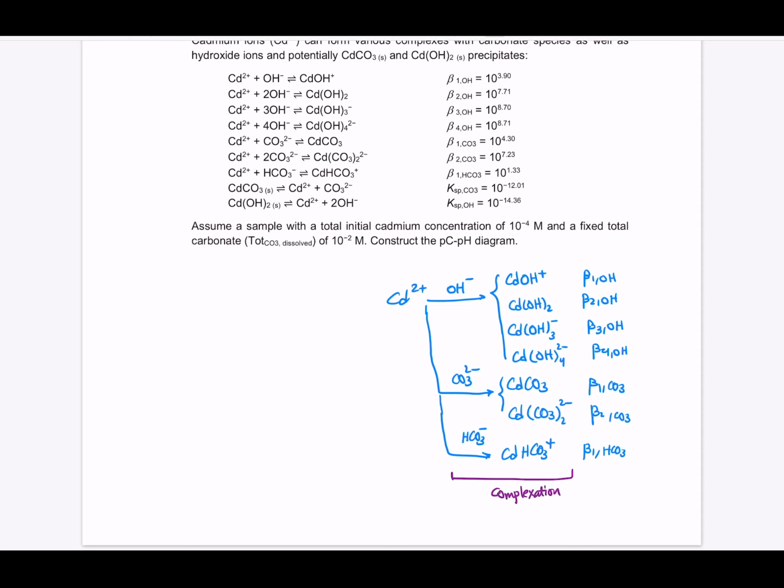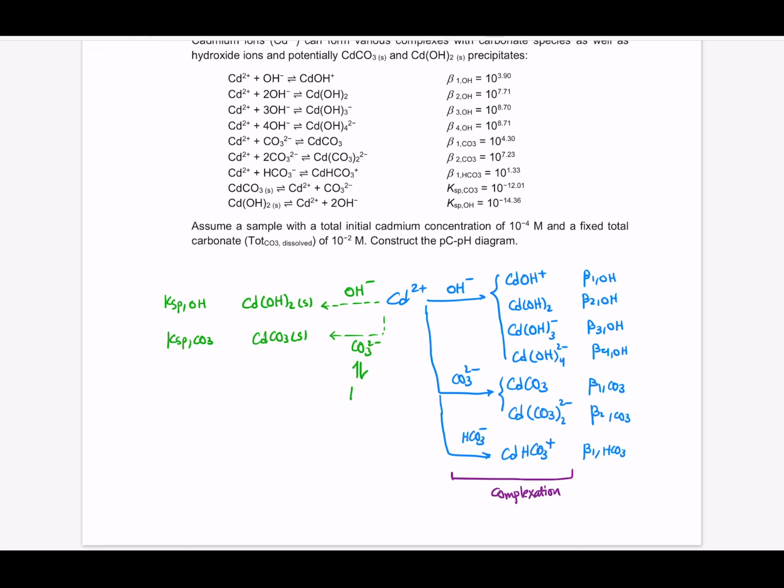So what are the precipitation reactions? So okay, nice. Hydroxide is really straightforward: cadmium OH2 solid. This would be Ksp of hydroxide. And then potentially also with CO3 2 minus, cadmium CO3, and then Ksp of CO3.